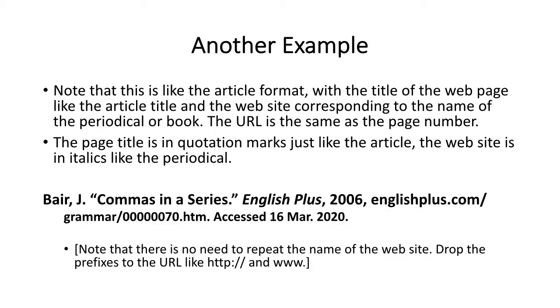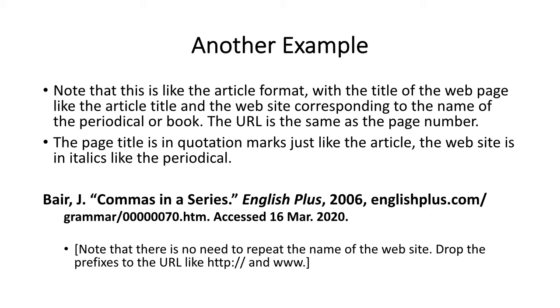Okay, here's another example. Again, pretty simple ones in the article format. The page title is in quotation marks, just like an article. The website is in italics, like the periodical, followed by the URL. In some of the online citation machines, for some reason, they repeat the name of the website, or they may say, for example, English Plus and then EnglishPlus.com.